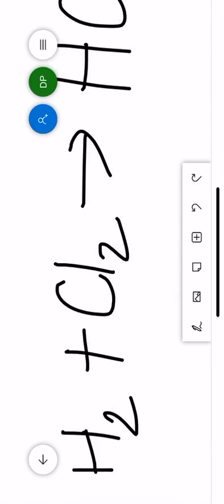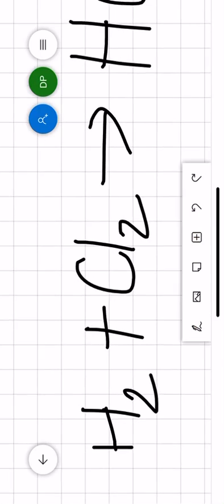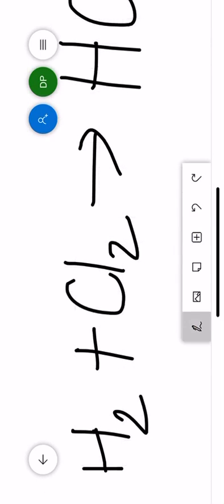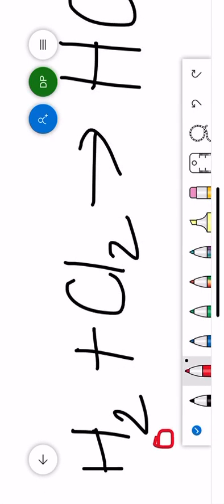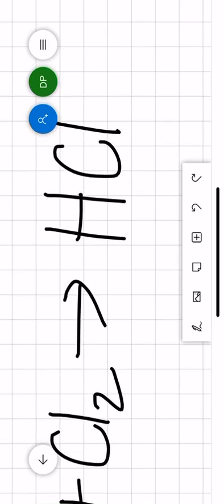Hydrogen never exists as just one atom. It always exists as 2 atoms, and so does chlorine. They are diatomic. Now, if you look at the result, hydrogen chloride, it's not balanced here.